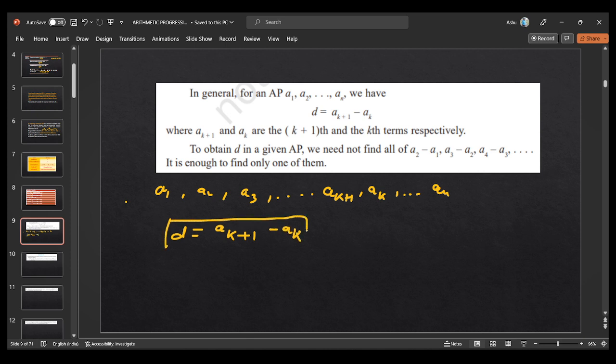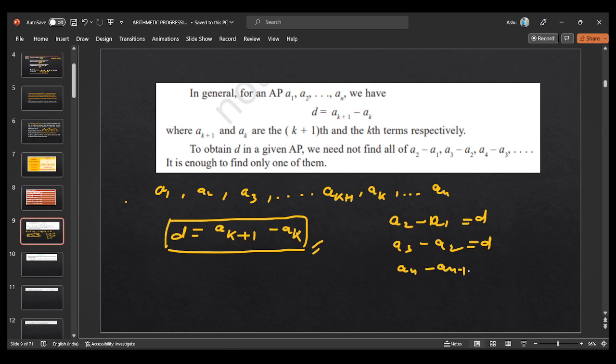That is the common difference. Clear? So A2 minus A1 will be the common difference, A3 minus A2 will be a common difference. In the same way, AN minus A(N minus 1) will be a common difference.